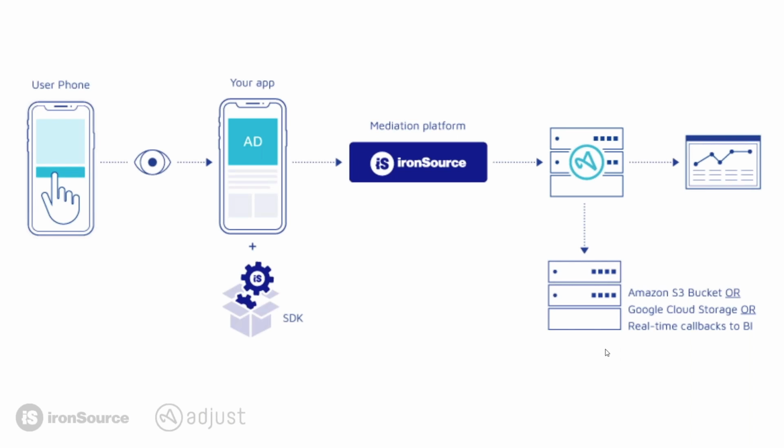So once the ad is shown inside the app, an ad impression is generated, and ironSource records the advertising ID of the device, the associated revenue, the ad placement information, and any other relevant details. And this is possible, of course, because ironSource's SDK is present inside the app. So that's an important first step.